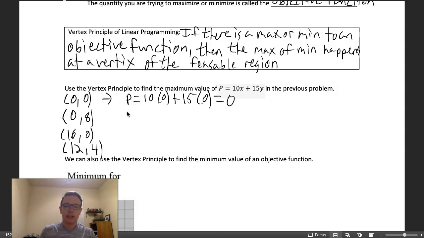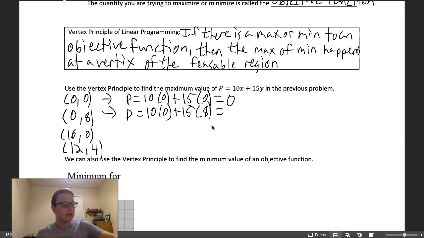We'll do it with 0, 8. We'll say p is equal to 10 times 0 plus 15 times 8. Then we throw that into our calculators to figure out what that will equal. We find out that that will give us 120.